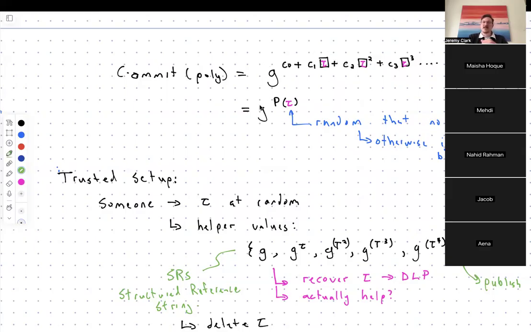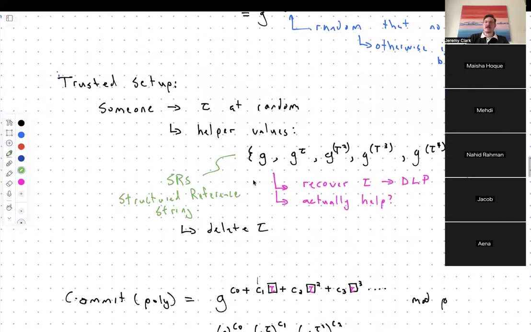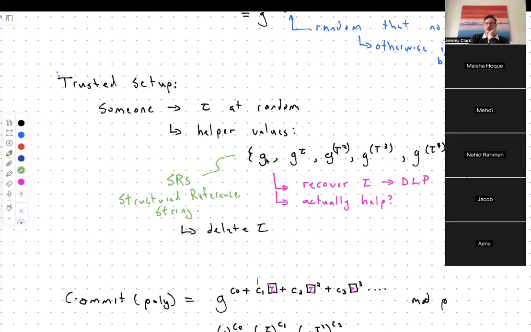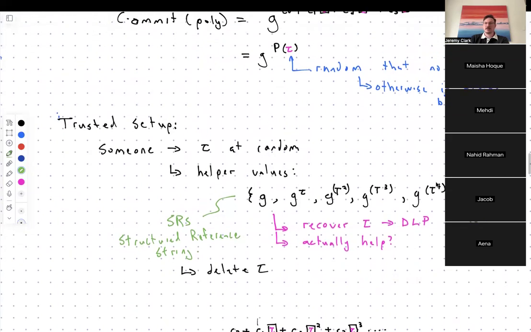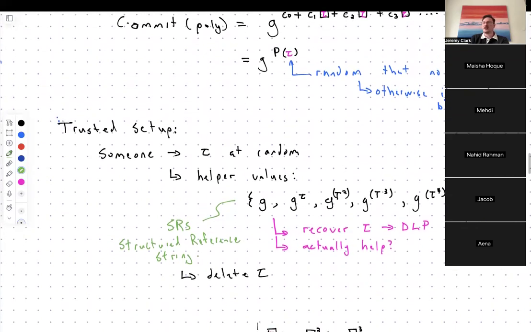So what we said is, there's this magic protocol that's going to give you concrete numbers for G, G to the tau, G to the tau squared, G to the tau cubed, G to the tau 4, all the way up to certain, it might be 10,000 or something like that.